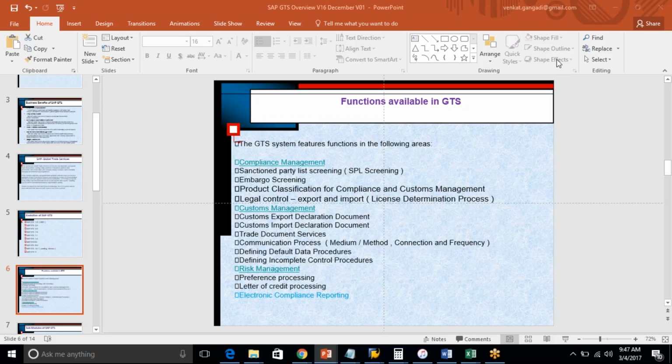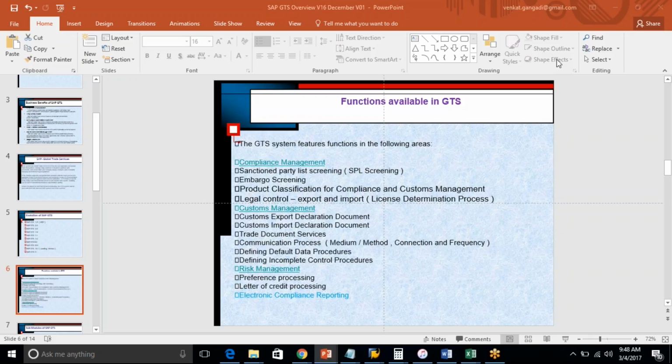At a very high level, the SAP GTS module has been divided into 4 submodules. Those are compliance management, customs management, risk management, and electronic compliance reporting.